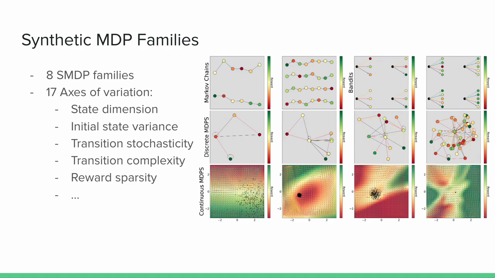For many environments, we utilize randomly initialized neural networks as the random function mapping, defining for example, the transition function. Additionally, within each family, we define several axes of variation along which we can vary properties of the environment. For example, we can vary the state dimension, initial state variance, transition stochasticity, transition complexity, reward sparsity, and 12 more similar properties which we deem to be fundamental to MDPs.